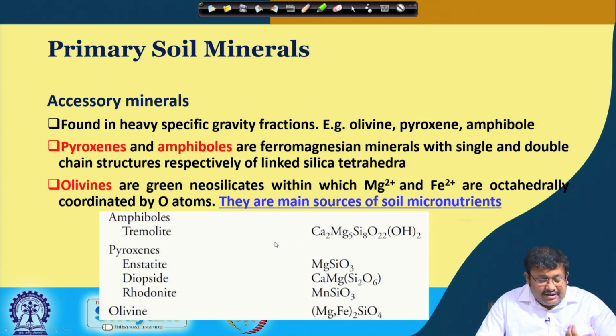Pyroxene examples are given like enstatite, diopside and rhodonite. The formulas are given here. Olivine formula, as you can see, is a ferromagnesian mineral, so iron and magnesium are there, and this is the formula of olivine.